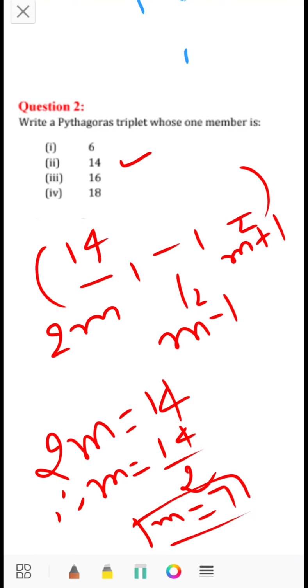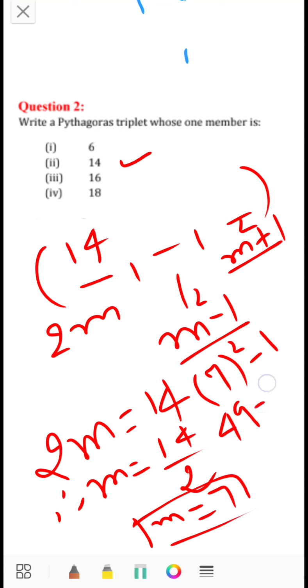Now once you get the value of m, you can put that value in these, and by solving you will get the answer. So let's put these values. 7 square minus 1. So 7 square means 49, minus 1, hence it is 48. So the next can be 48. And similarly here, 49 plus 1, 50. So this is how you can get the Pythagoras triplet.